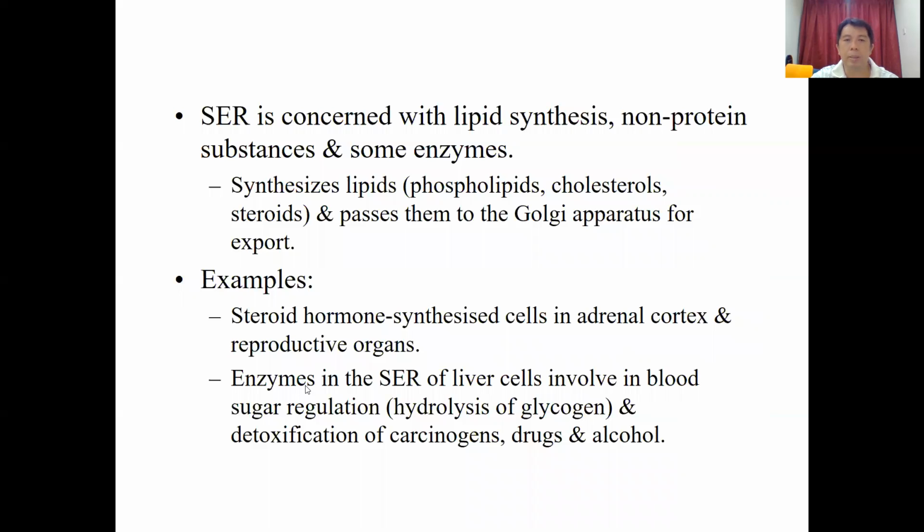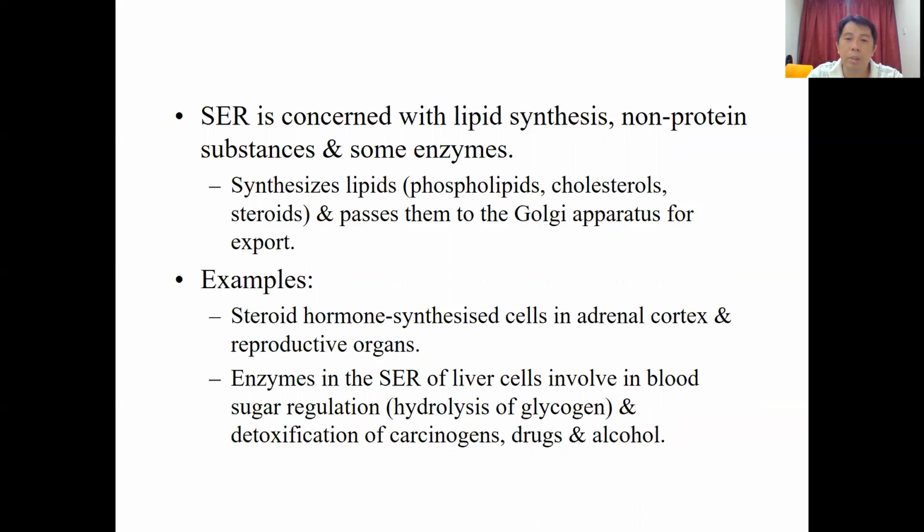So the examples are steroid hormones synthesized. That means in the cell they synthesize steroid hormones, for example, in the reproductive organs and the adrenal cortex. So the SERs are active in producing steroid hormones. Or in liver cells, the smooth endoplasmic reticulum also is very active because the enzymes that bind to this SER membrane are involved in blood sugar regulation.